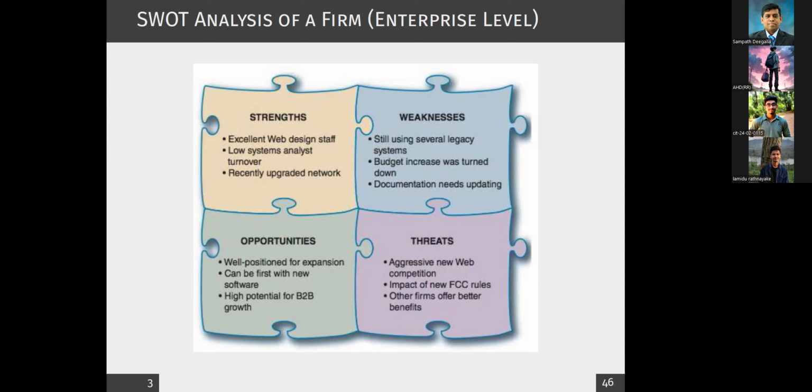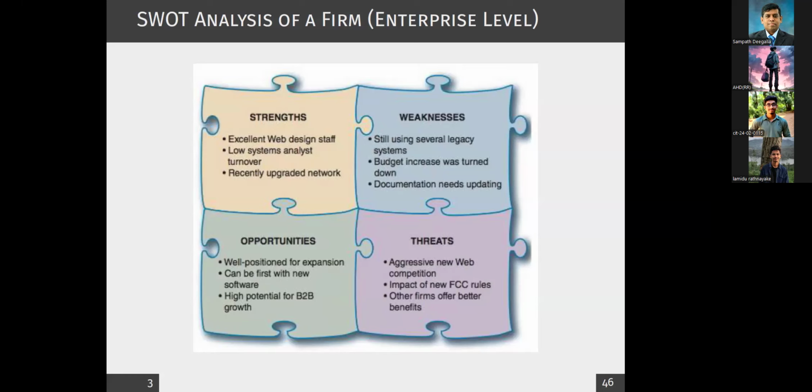Okay, then they look at opportunities, right? So they look at the opportunities they have, and they see this as an opportunity: well positioned for expansion. So it's an opportunity, and they can be first with the new software.